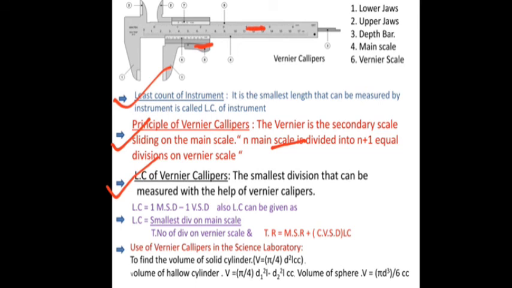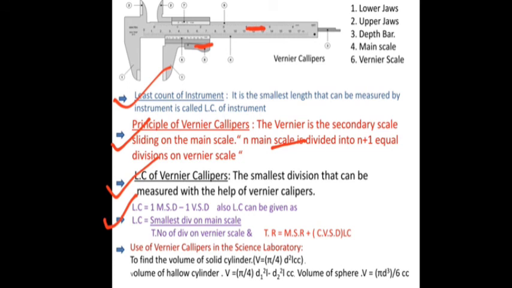LC of vernier calipers. On top we said LC means least count of an instrument in general, but here in particular LC of vernier calipers has the same definition. The smallest measurement that can be done by the vernier calipers is called LC of vernier calipers. Two formulas are connected to it. First formula: LC is equal to 1 main scale division minus 1 vernier scale division.